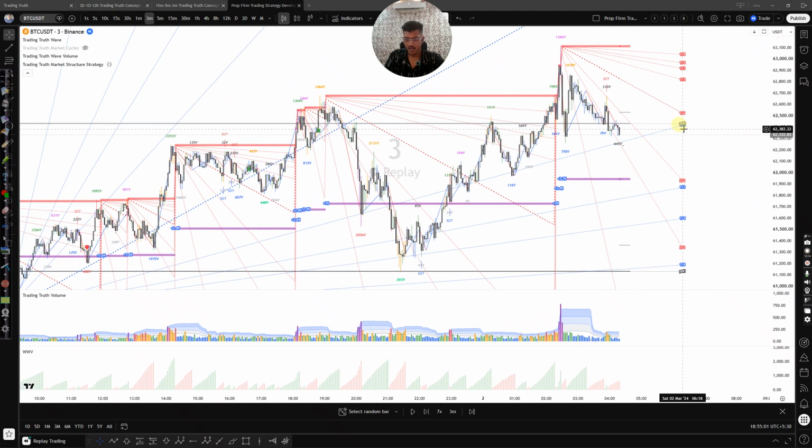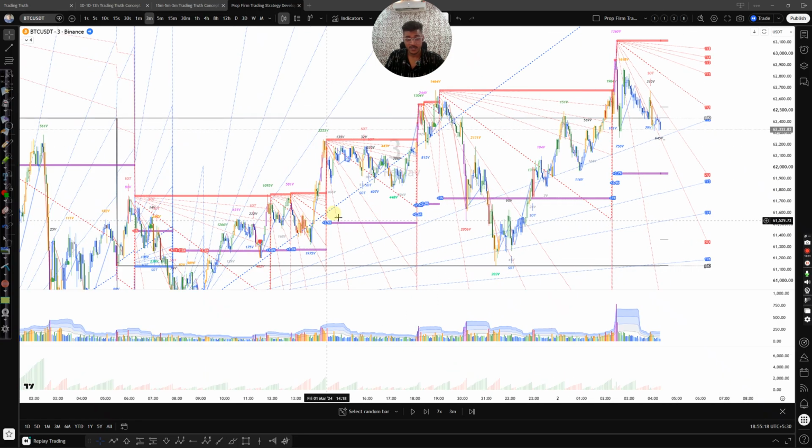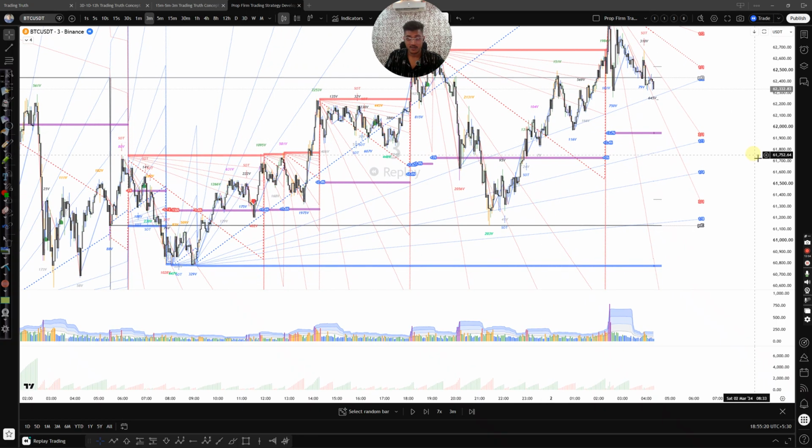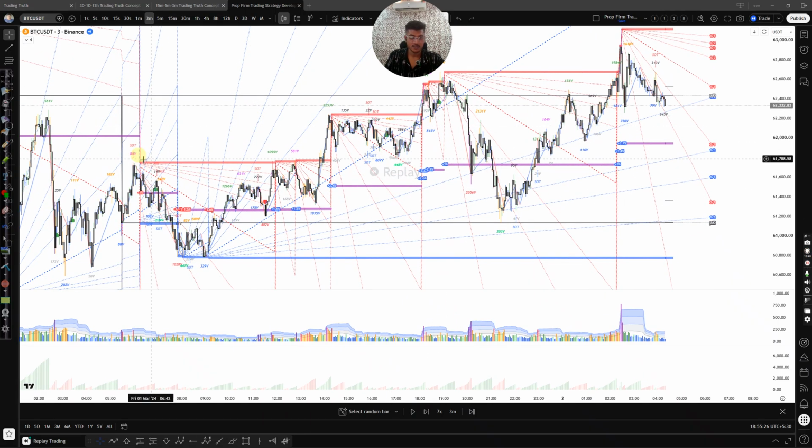So if this is 1 by 2, that means price is moving for twice the time. When it came from there to here, that means twice as much time has elapsed.